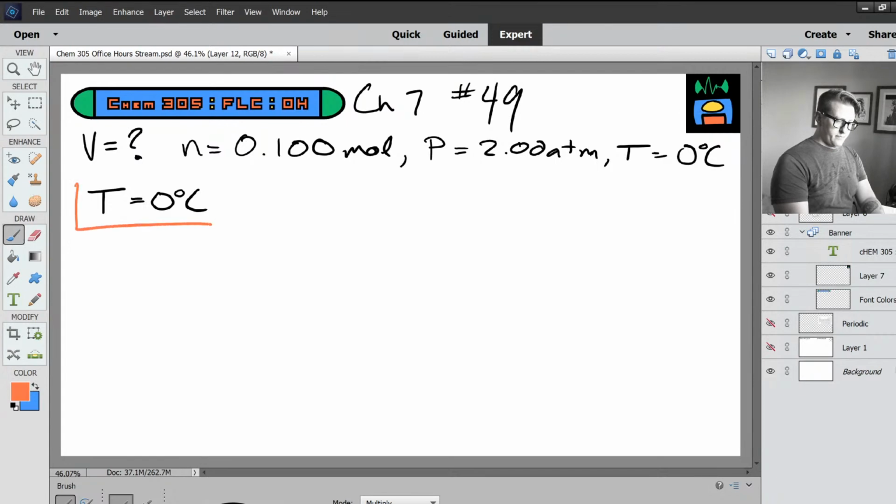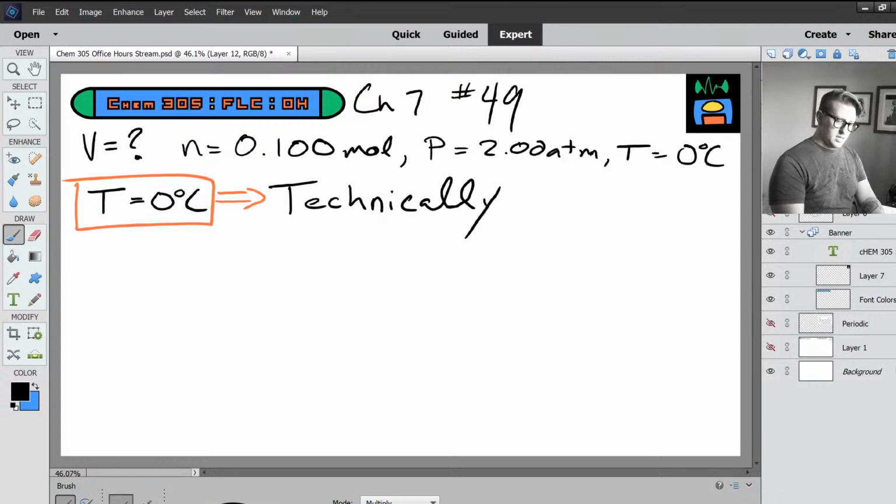This makes my head spin because the book spends all this time talking about sig figs, right? And 0 degrees C technically has 0 sig figs.